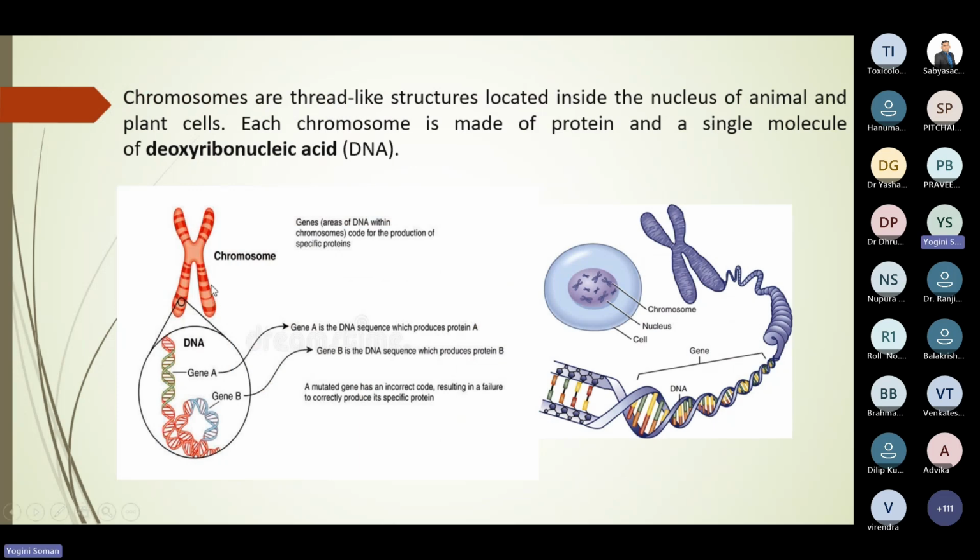In another diagram, you can see there are two genes, gene A and gene B. Gene A is the DNA sequence which produces protein A, and gene B is the DNA sequence which produces protein B. So if there is a mutation in the gene, it fails to produce the specific protein. Maybe if there is a mutation in gene A, it fails to produce protein A, or it fails to produce protein B.